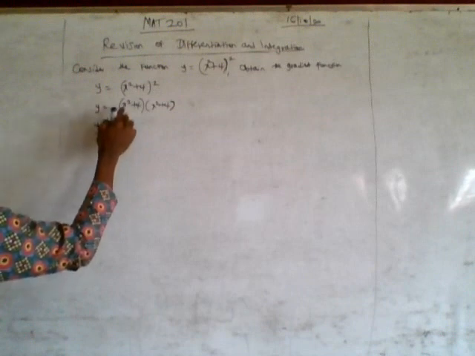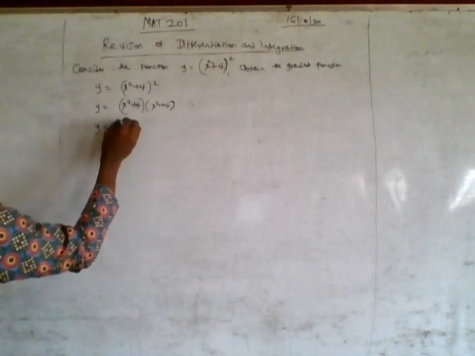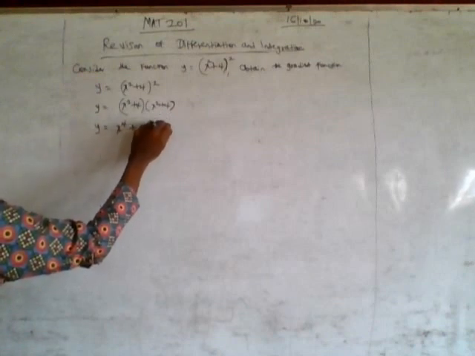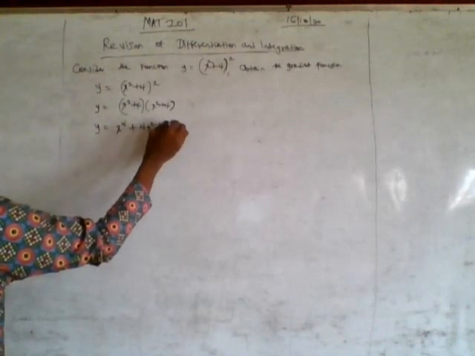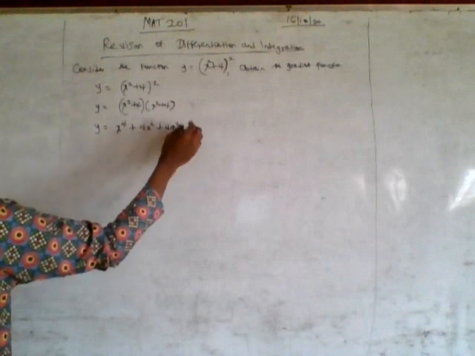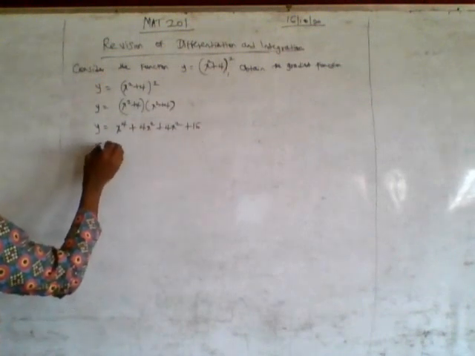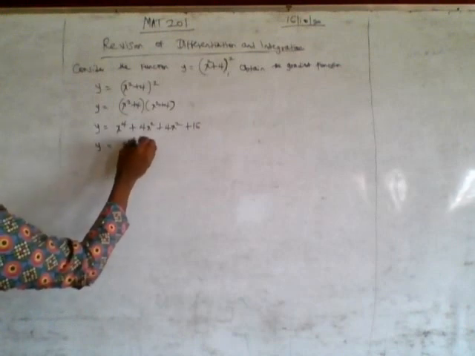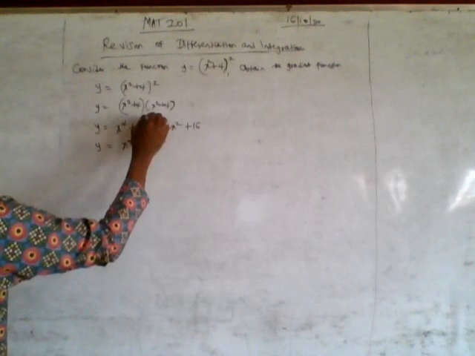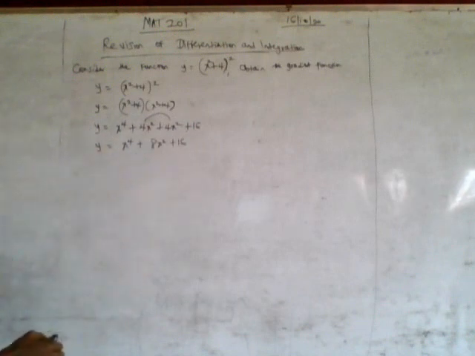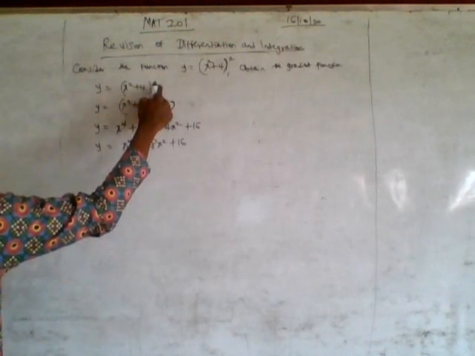This and this give us x raised to power 4. This and this give us 4x squared. This and this give us 4x squared. This and this give us 16. Such that we now have y as x raised to power 4 plus 8x squared, these two, then plus 16. This is what we have.